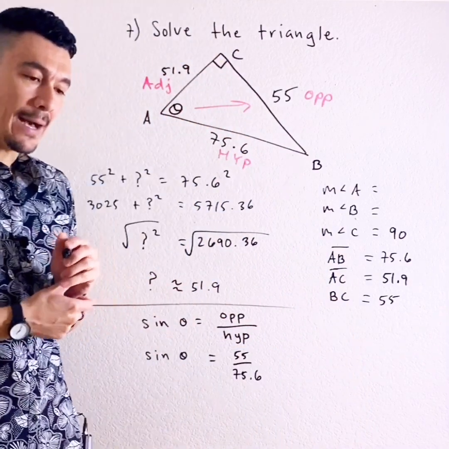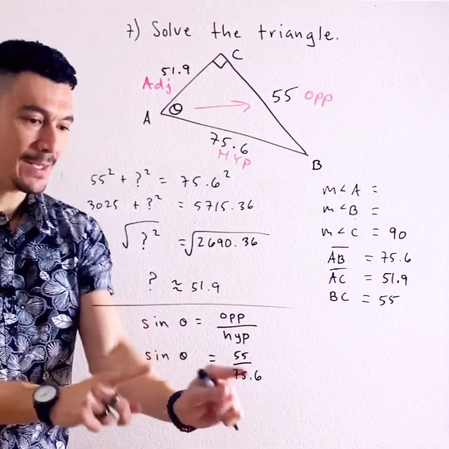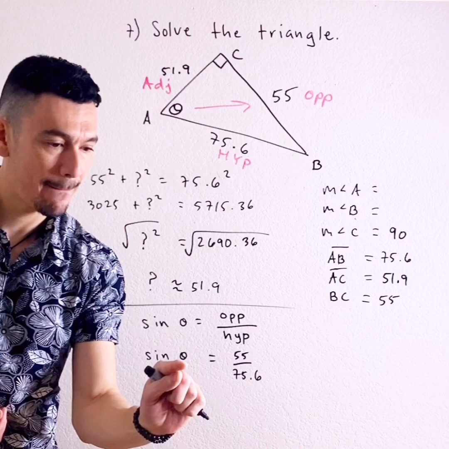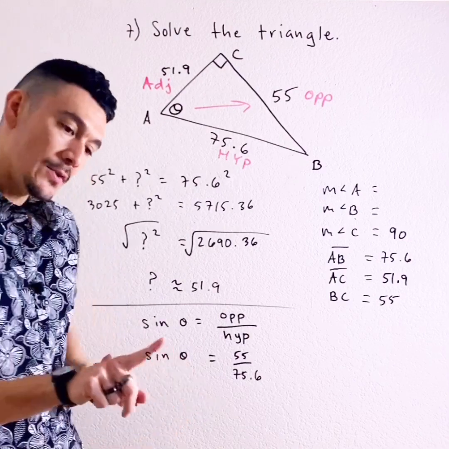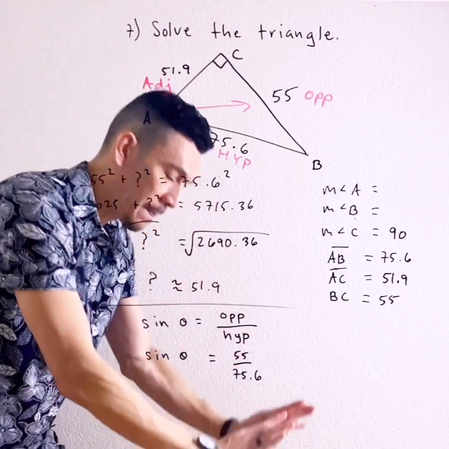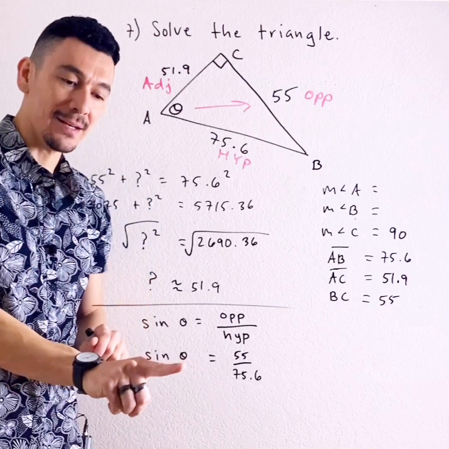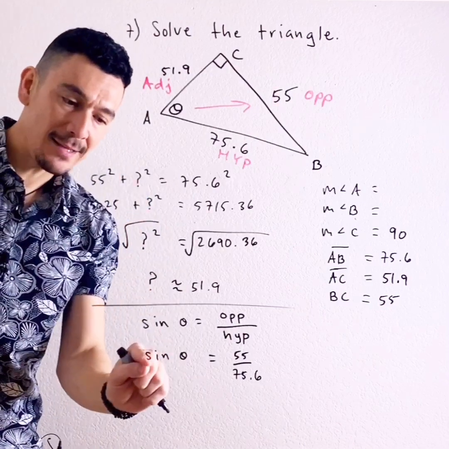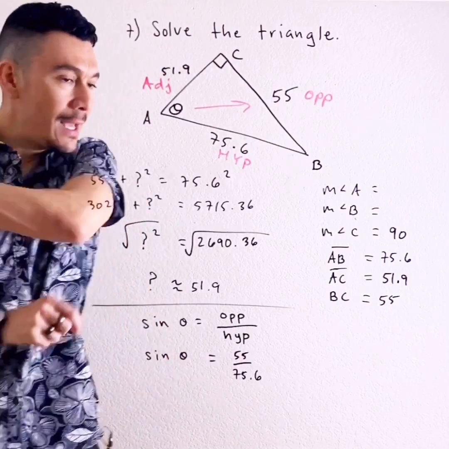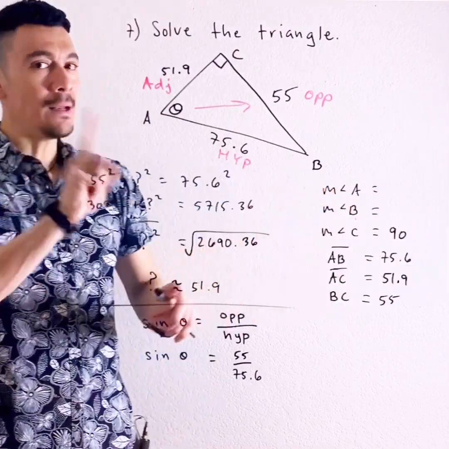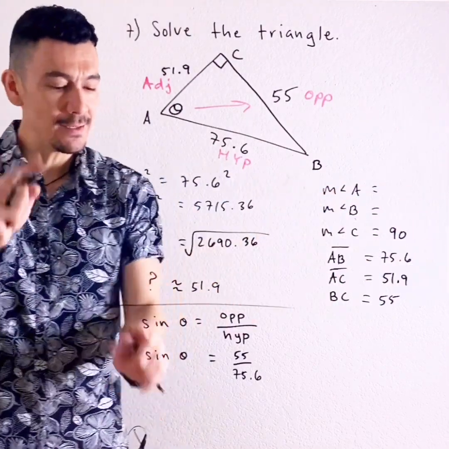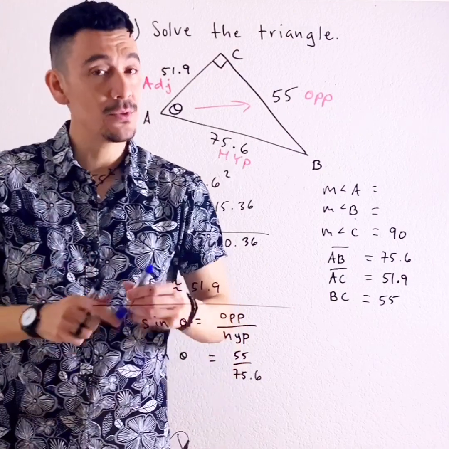What's my hypotenuse? My hypotenuse is 75.6. Now, if you look at this equation, I need to know what this is. That's what I need to know. So I need to get theta by itself. I need to solve for theta, which means that sine has to go away. You cannot divide by sine, but you know what you can do?